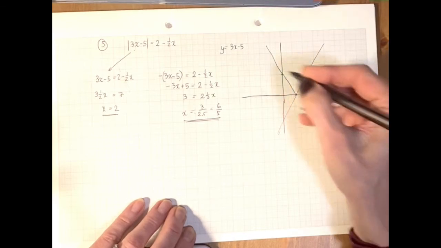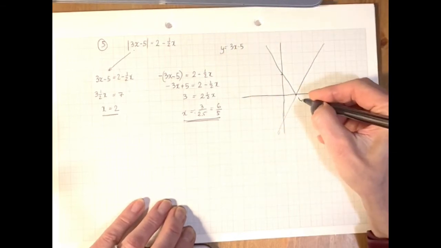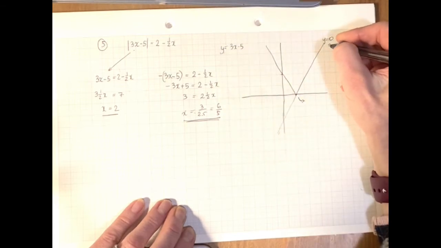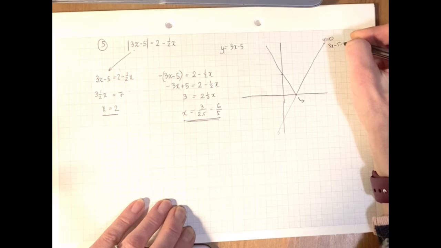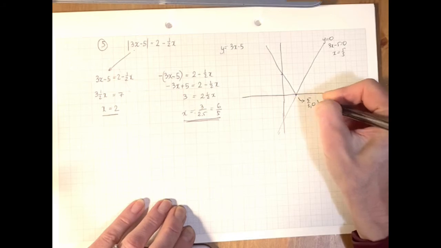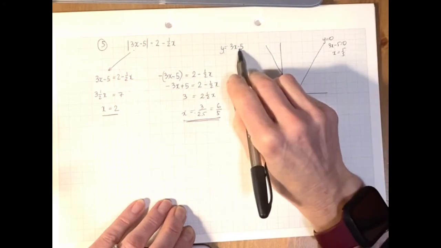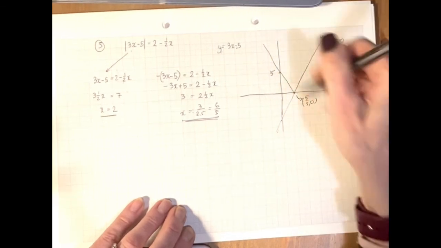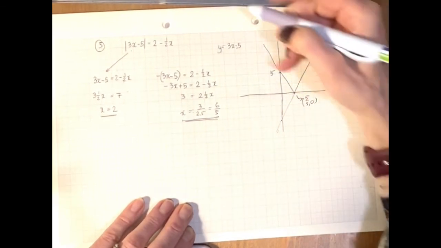So this value here is when you make y equal to 0. So this is 3x minus 5 equals 0, giving us x is 5 over 3. And this point here used to be the minus 5 intercept, now it's 5. So let's just go over this in pink.